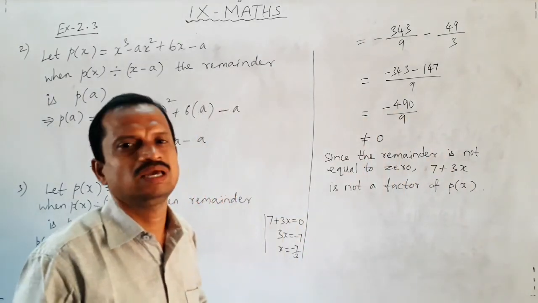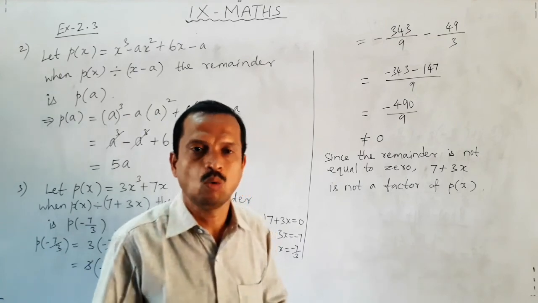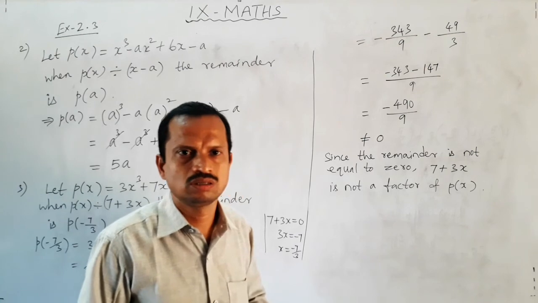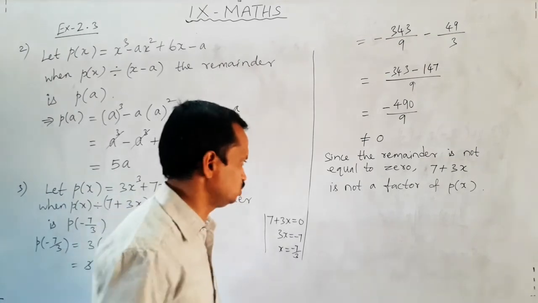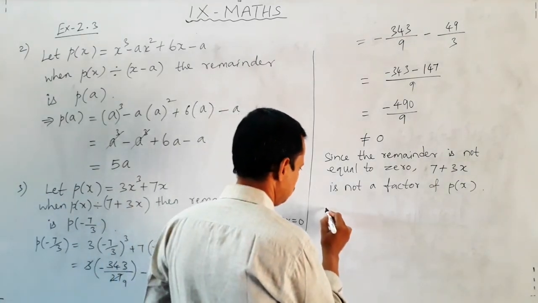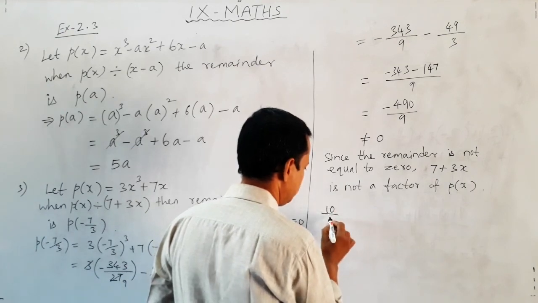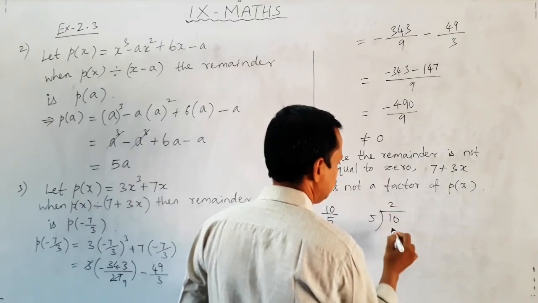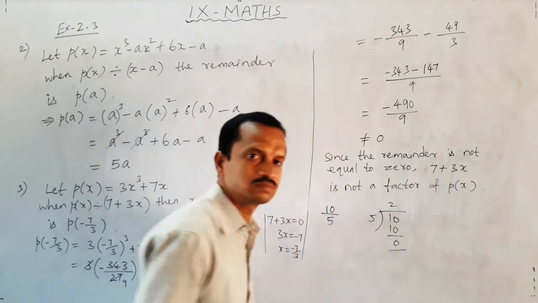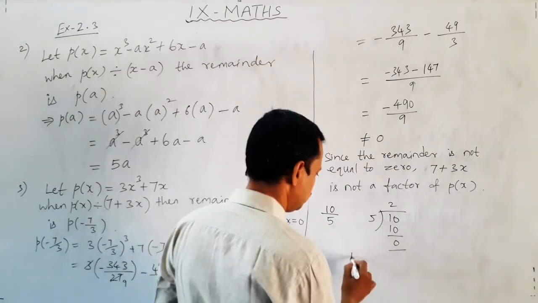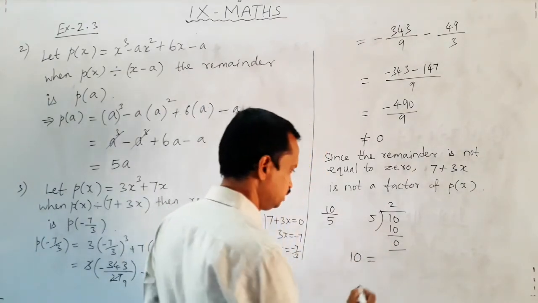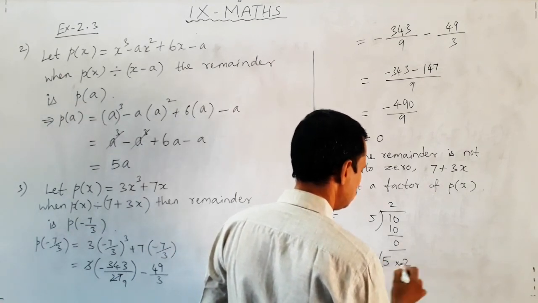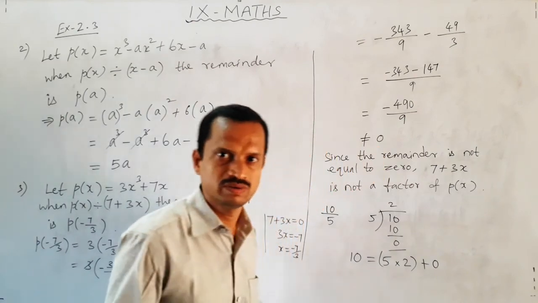So we say a divisor is a factor when we get the remainder 0. We can understand this by a simple constant example. You see, 10 divided by 5. If we divide 10 by 5, 5 2s are 10, the remainder is 0. Clear? Now we can write by the division algorithm, 10 is equal to 5 into 2 plus 0, where the divisor is 5, the quotient is 2, and the remainder is 0.